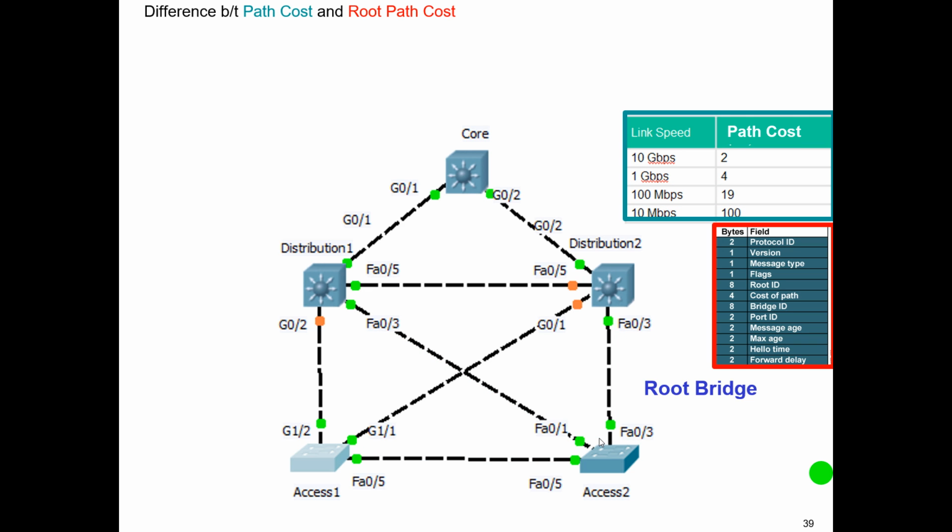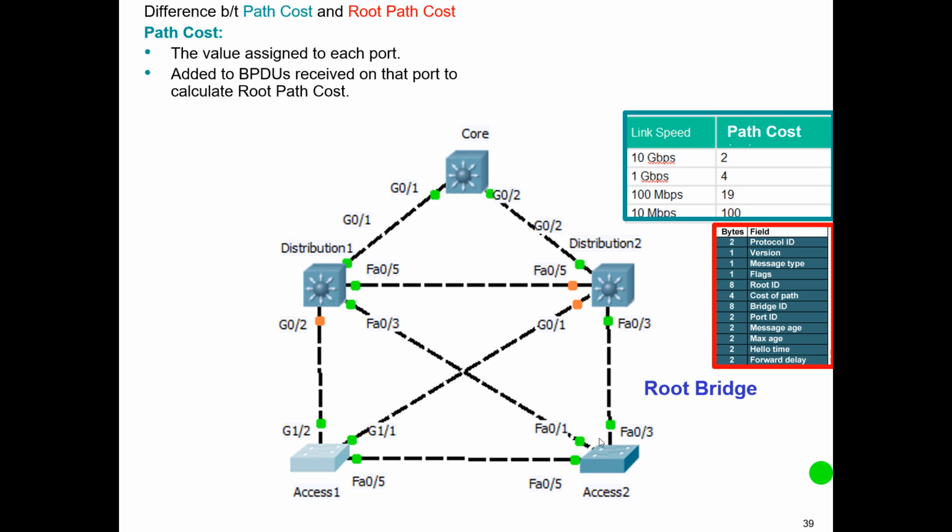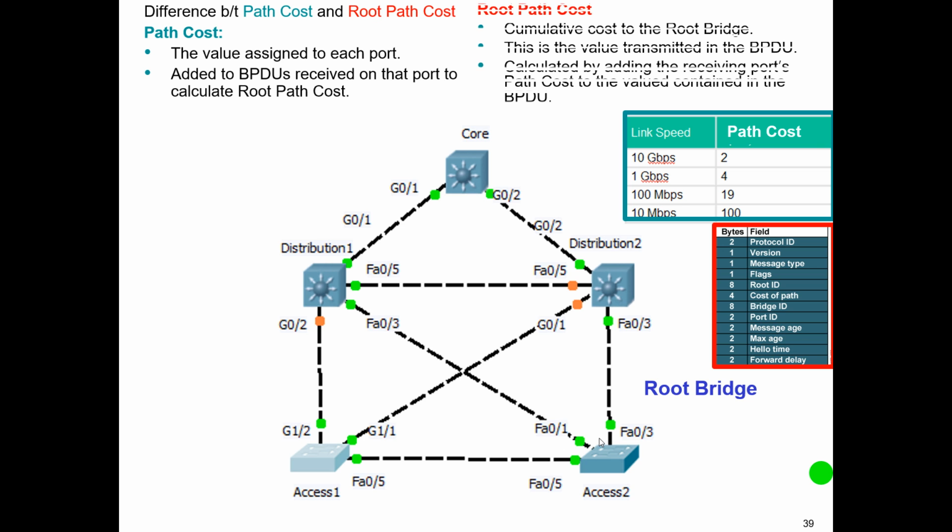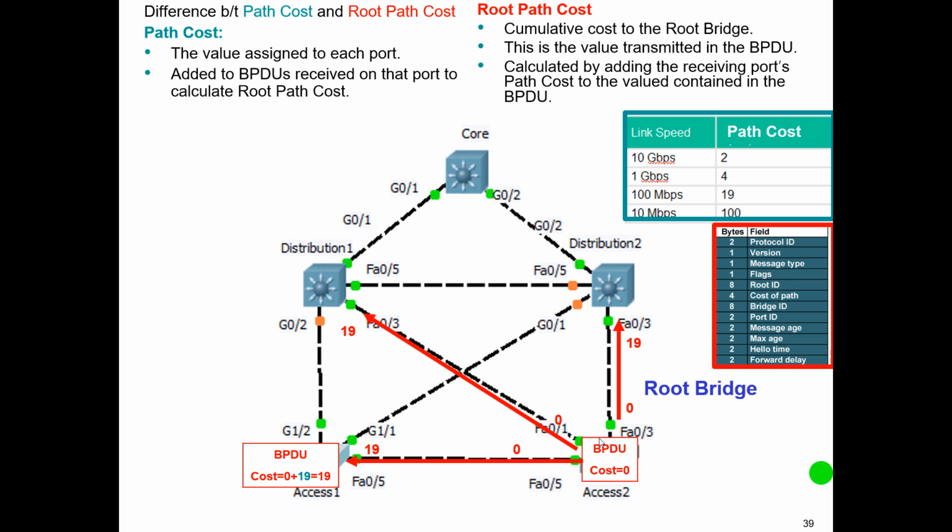So the difference between the path cost and our root path costs: the values assigned to each of the ports are added to the respective BPDUs on that port to calculate the root path costs. Again, it's cumulative. So we already talked about how these are 19.